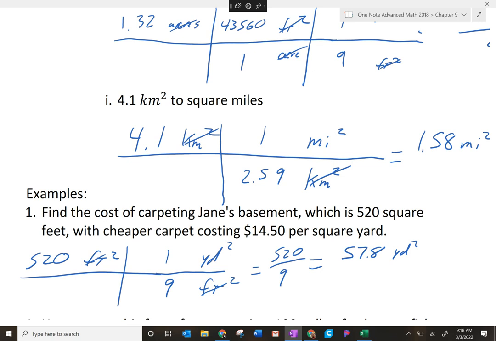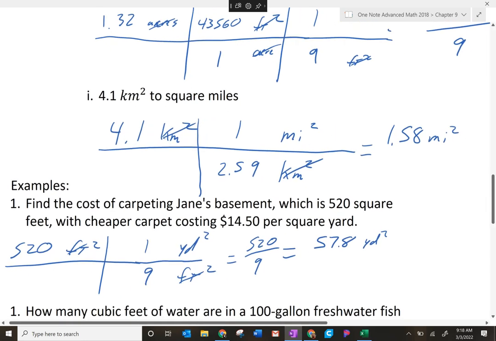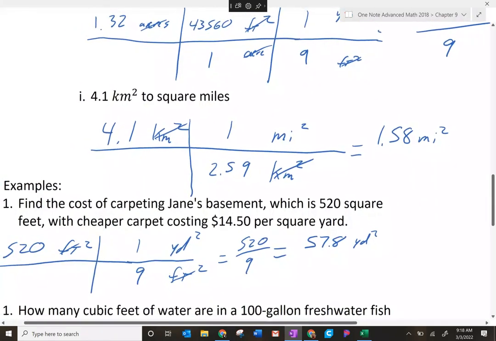Now the last part I'm looking at is it saying the cheaper carpet costs this much per square yard. So to find the total cost, I'm going to figure out my square yardage, and I'm going to multiply it times that $14.50 to figure out how much it's going to cost for that many chunks of carpet. So I'm taking that square yardage of 57.8 times that $14.50.